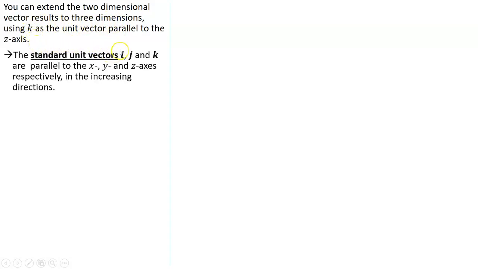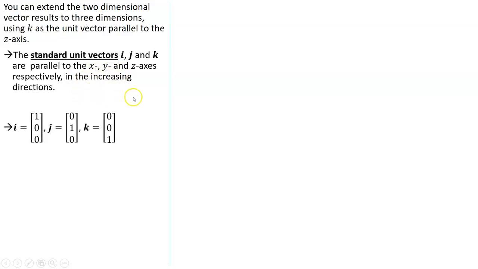Okay then, so the 2-dimensional vector results can be extended to 3 dimensions, where we use k as the unit vector parallel to the z-axis. So we've been using i and j up until now. Now we've introduced k. Just a quick reminder, they're the standard unit vectors. They're parallel to the x, y and z axes respectively in the increasing directions.